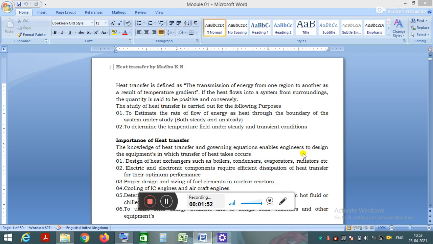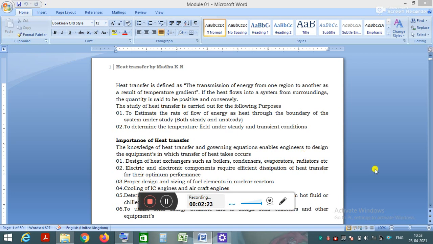Also, heat dissipation, cooling, is necessary in every part, whether it is an electric, electronic or mechanical component. Therefore, the concept of heat transfer is not limited only to the mechanical department, but it is a vast subject which is applicable everywhere.